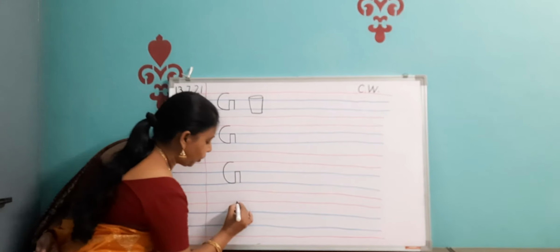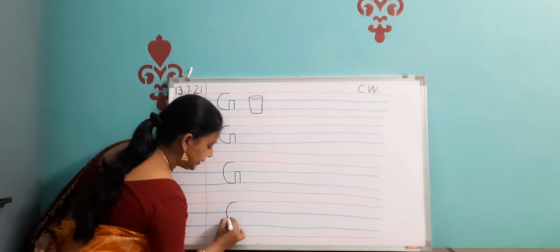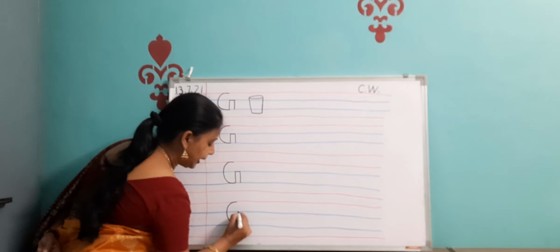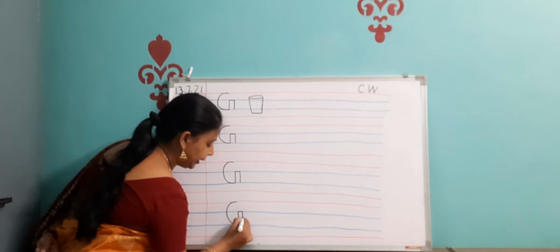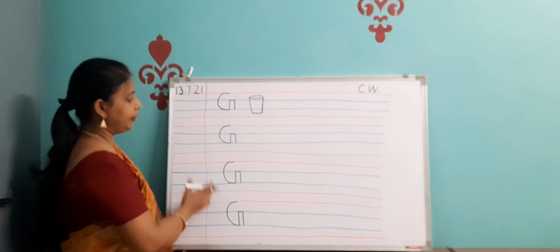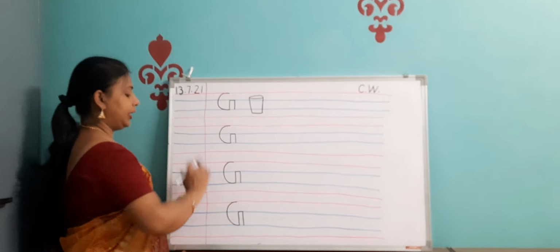Okay, once again, watch. Make a C like this or the semicircle till the 3rd line, and go up, back to the 2nd line, make a sleeping line, and then again come back to the 3rd line, making a standing line. This has become G for glass.